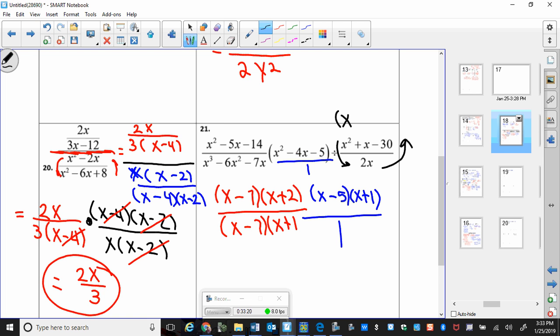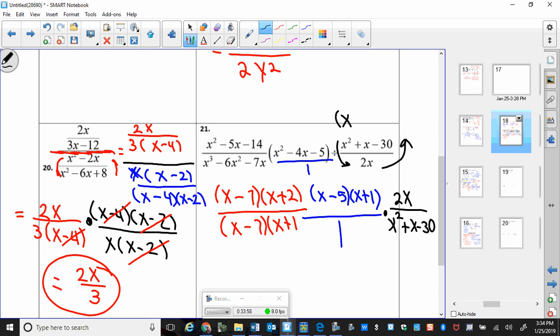So x, let's see, factors for 30. I have 3 and 10. And that adds up to, well, negative 3 and negative 10 adds up to negative 13. 2 and 15 will not work. And I can't factor that particular expression. So I'm just going to write 2x over x squared plus x minus 30 on the bottom.